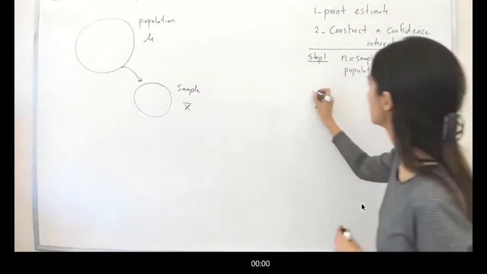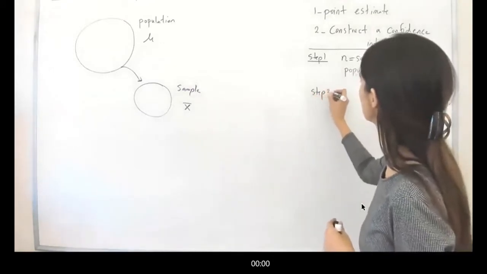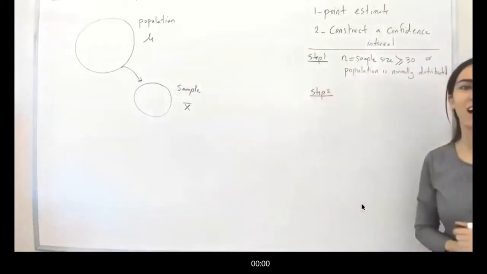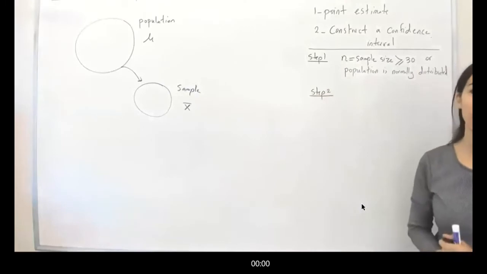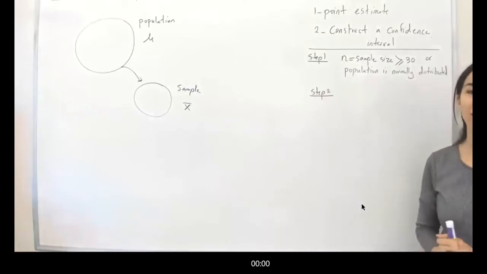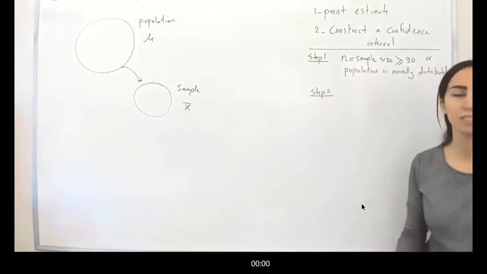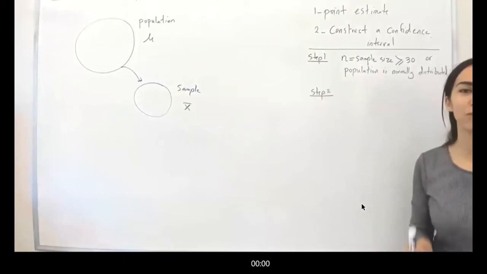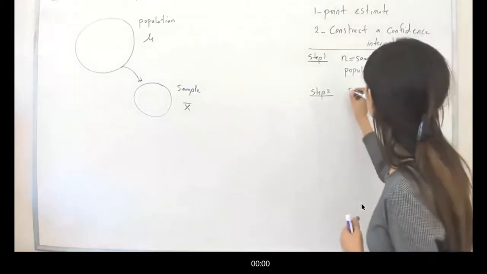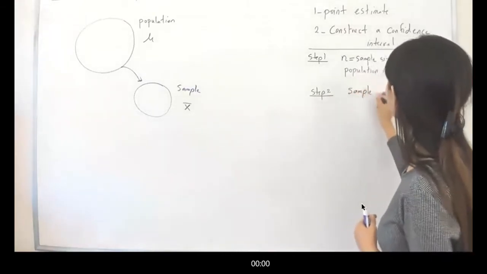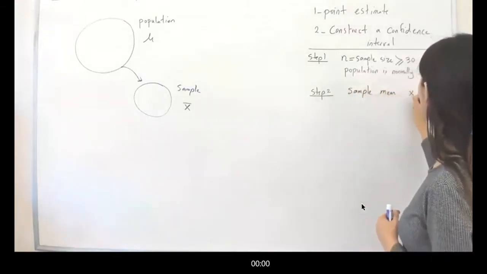Next step, in step 2, we need to find our point estimate. Since you are working with the population mean, the unbiased point estimate is the sample mean, or X bar.